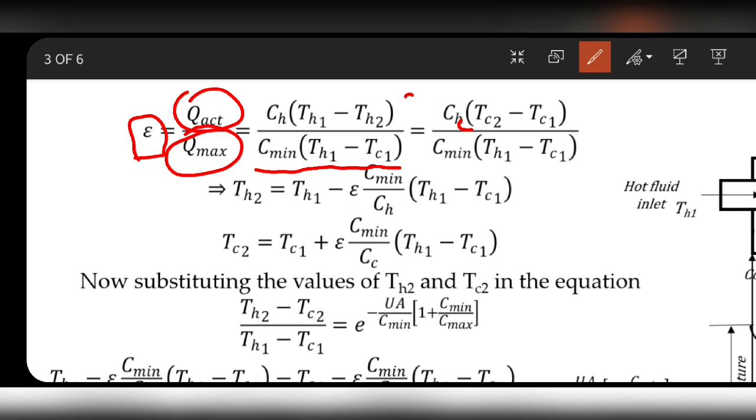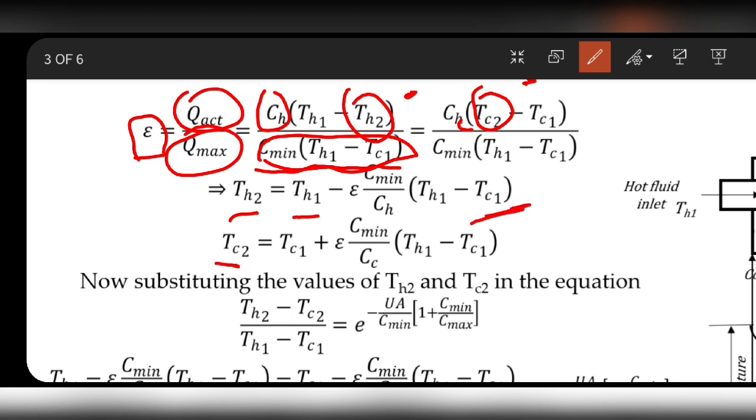From this I can rearrange, and I need expressions for TC2 and TH2. So TH2 will be equal to TH1 minus epsilon into whatever we have in the denominator divided by CH. So that is TH1 minus epsilon into C minimum divided by CH into TH1 minus TC1.